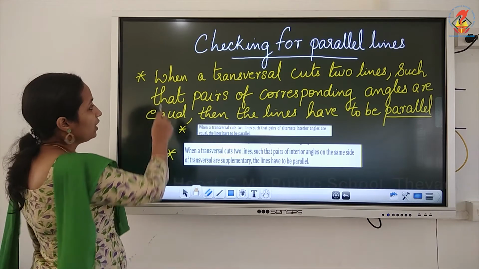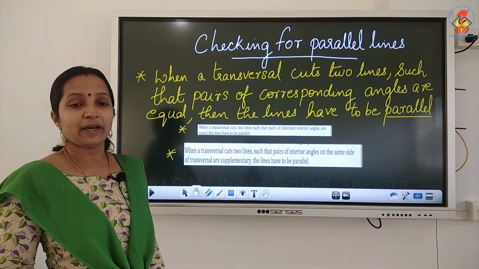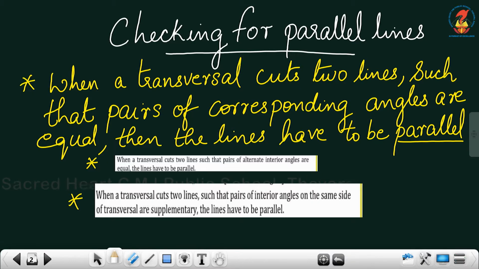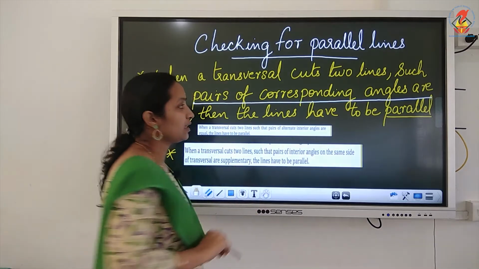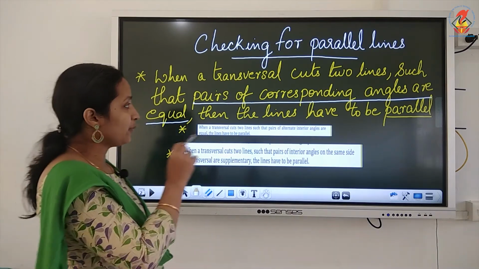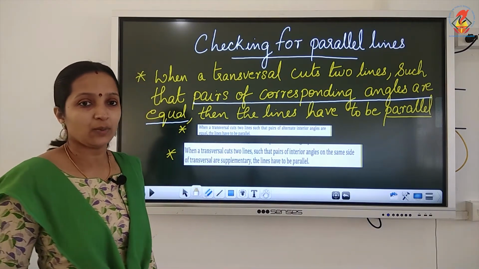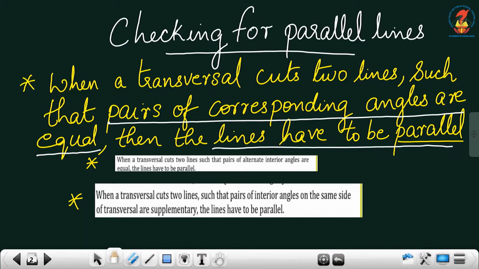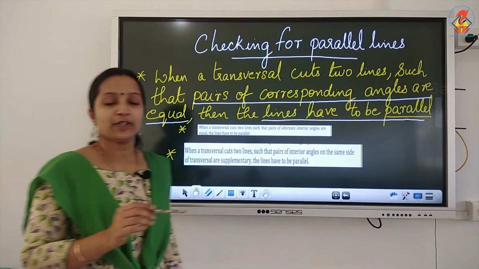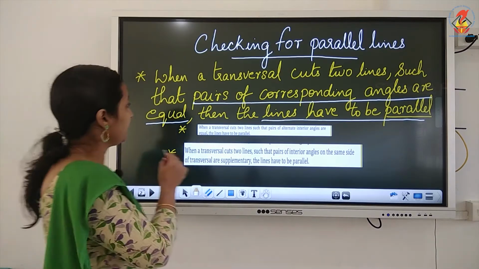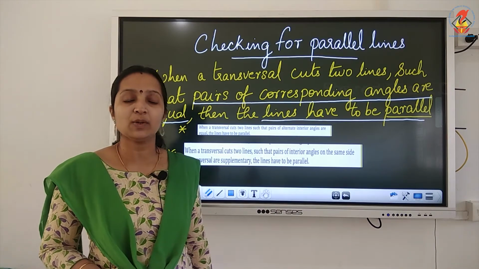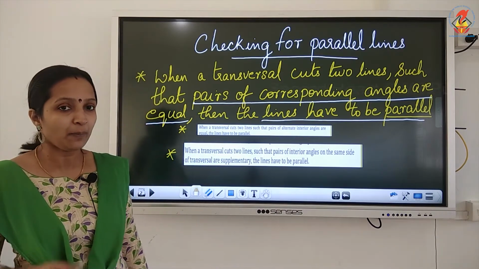Now, if you want to check whether the lines are parallel, what is the first condition? When a transversal cuts two lines such that pairs of corresponding angles are equal, the lines are parallel.